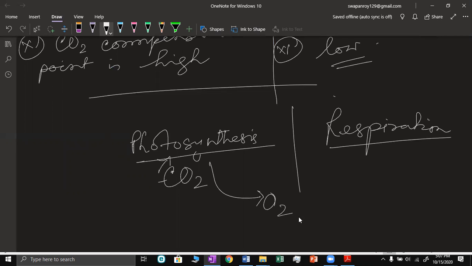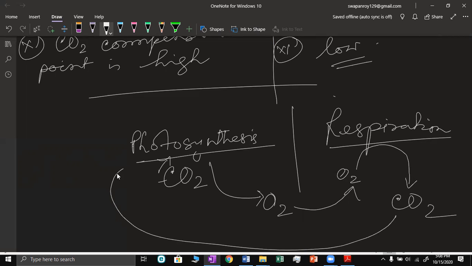This oxygen is utilized in respiration, and respiration produces carbon dioxide, which is again utilized by photosynthesis.